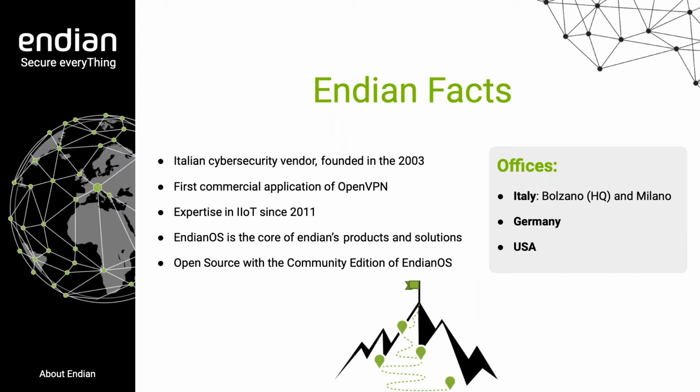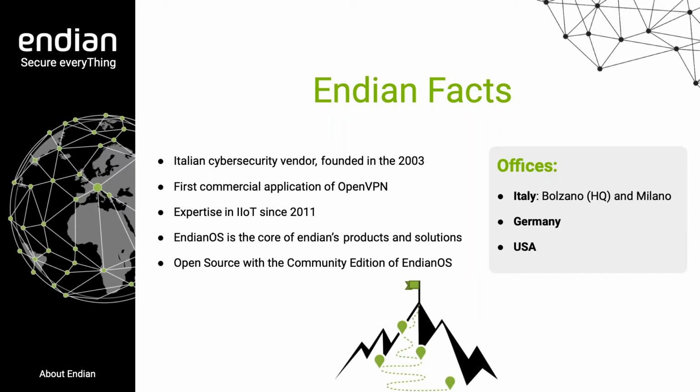Our platform is built around what we call Endian OS, so that's the platform itself. Regardless of which product you're using, it's all built on the same core software solution, which is Endian OS. And then, of course, a lot of people are familiar with the open source community version of Endian OS that we put out, which is similar to, but does not have all of the feature set.